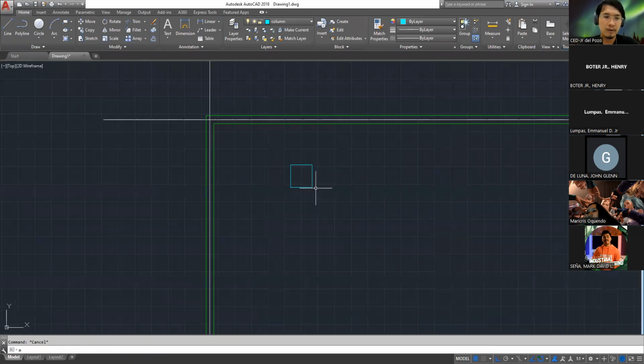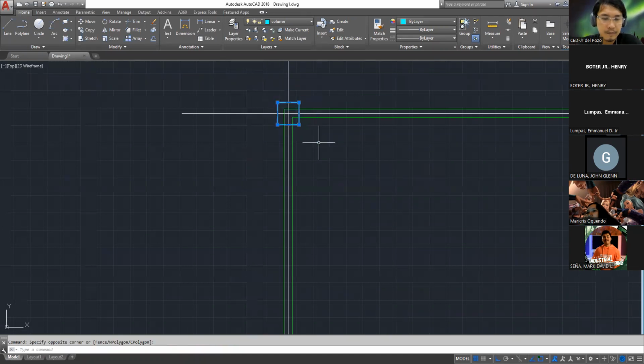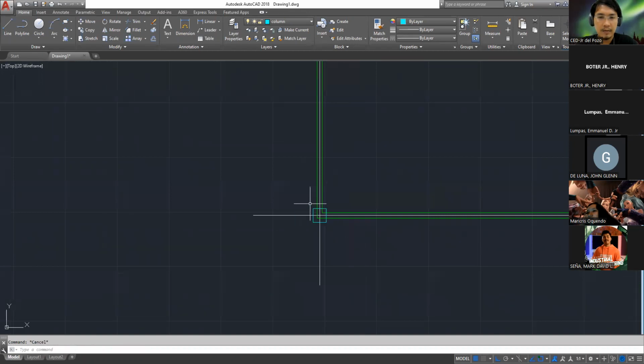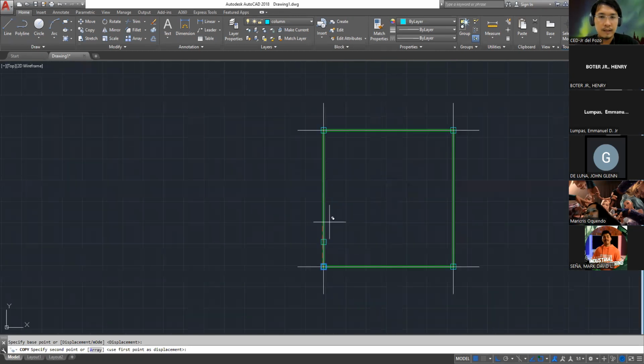Okay? So once you have your column, i-drag lang natin siya and then move. Then M2P para makuha natin yung gitna ng column, and then place natin siya sa gitna ng grid line. Okay, then after nun is MI ko siya. MI is mirror. Ini-mirror ko lang siya. Then, maglalagay din ako ng column sa gitna.